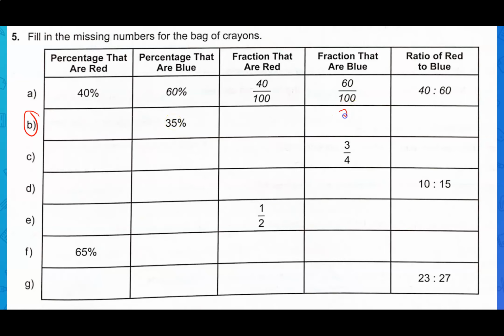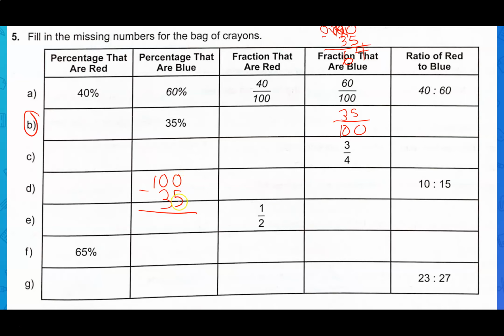Well, that means that 35 out of 100 are blue. All right, how many crayons are red? We know 35 are blue and we have 100 in total. So we can take 100 total crayons minus 35 blue, and that should tell us how many red crayons we have.